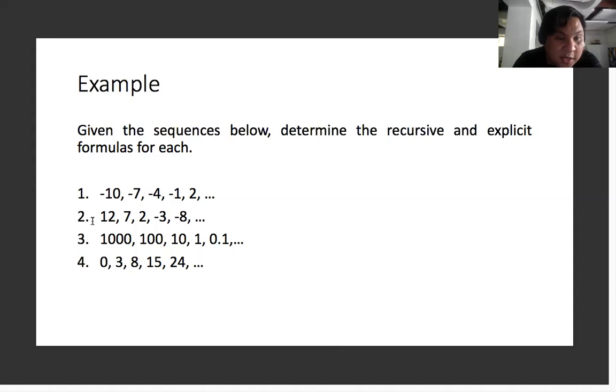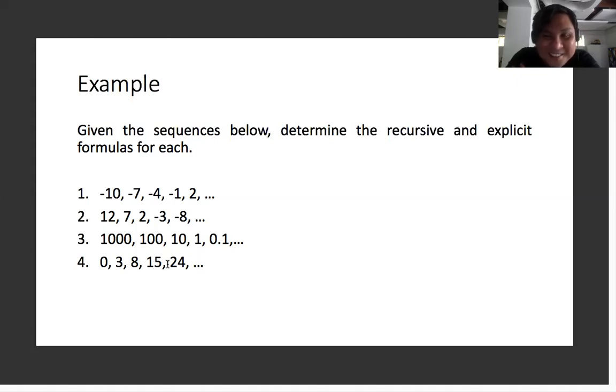The next one is 12, 7, 2, -3, -8. Third, we have 1,000, 100, 10, 1, and 0.1. And for number 4, we have 0, 3, 8, 15, and 24.